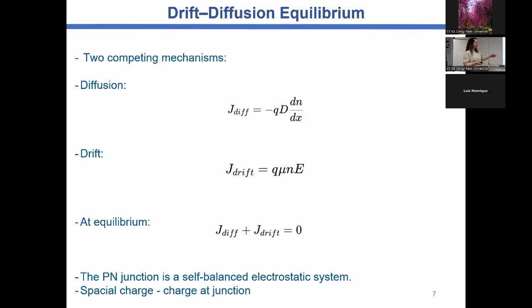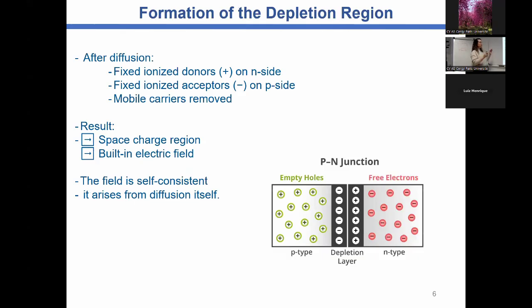And just to remind, at the junction we have this space charge, which gives us an equilibrium of diffusion and drift. Okay, so we know that during the contact we have this diffusion, and then a drift current arises that is opposite to the diffusion.